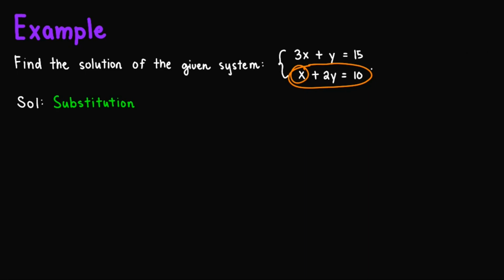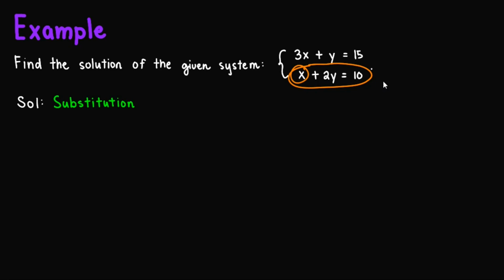So it's kind of hard to grasp how it works when we're not able to see it through the solution. So to understand this better, let's try to apply the substitution method in this example.